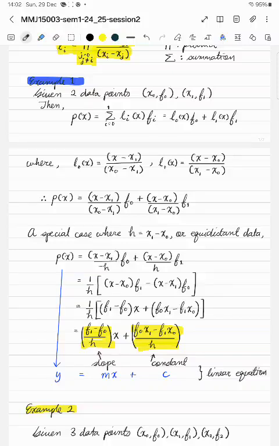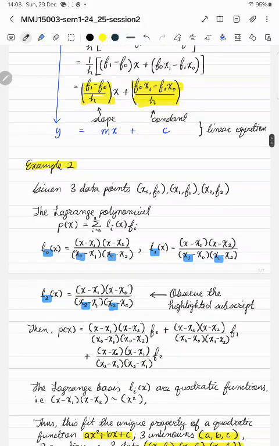So in the special case where the distance between point x0 and x1 is h, and it's a constant, you can write it down, ending up just like the normal linear equation that you usually found.